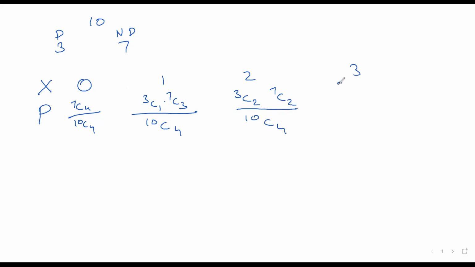And 3 defective, 3C3 into 7C1 upon 10C4. So X will be 0, 1, 2, 3. P is 7C4 upon 10C4. 10C4 will be 210.